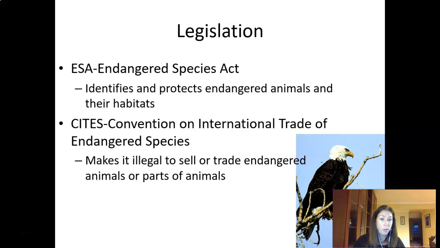There is still the black market, but this greatly reduces the desire and the need and the demand for these animals. So we are taking these steps to help to improve our biodiversity, and it is going to take both a national and an international effort to try to conserve this biodiversity that is so important on our planet.